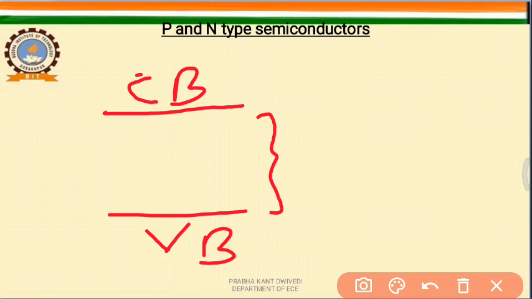The conduction band consists of free electrons. These free electrons can contribute in generation of current. In the valence band, holes are there. Holes can move in the valence band, electrons can move in the conduction band.